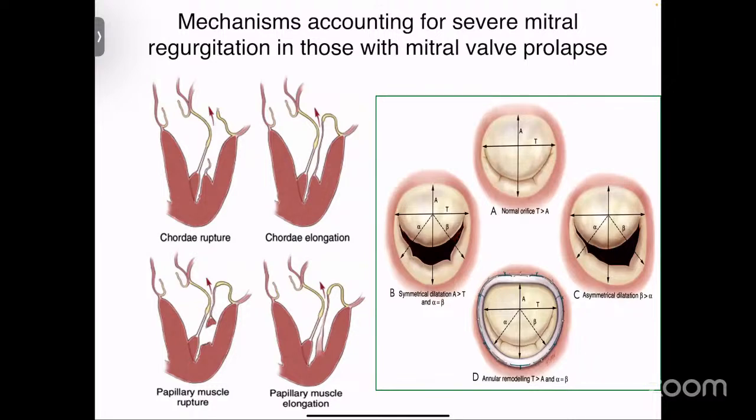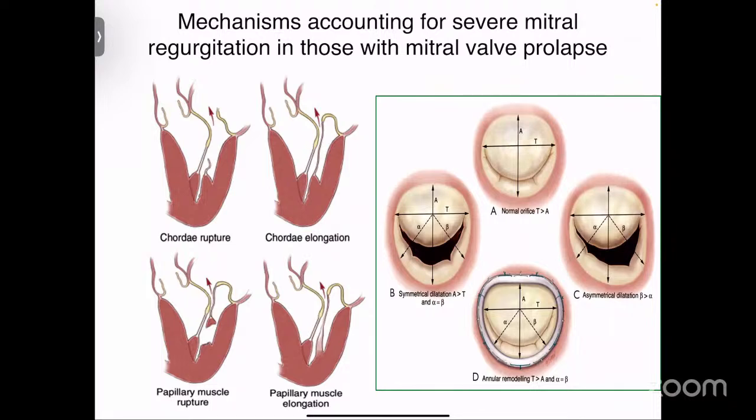There are different mechanisms accounting for severe mitral regurgitation in those with mitral valve prolapse. These include annular dilatation and rupture or elongation of the first order chordae in about half of the cases. Some cases can present with annular dilatation without chordal rupture, and other cases can present with chordal rupture without annular dilatation.